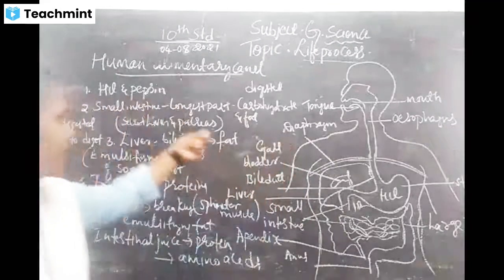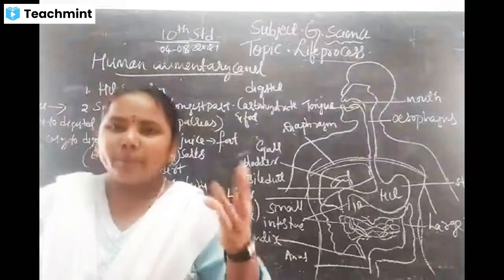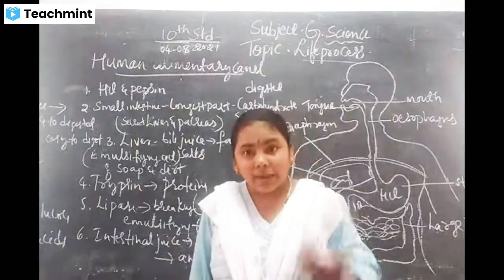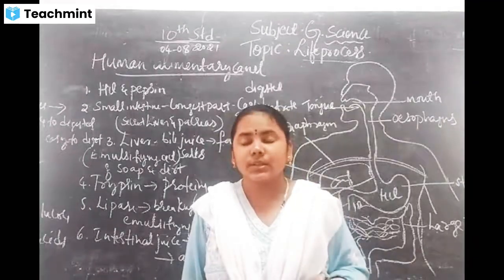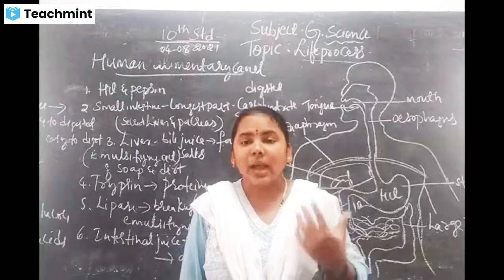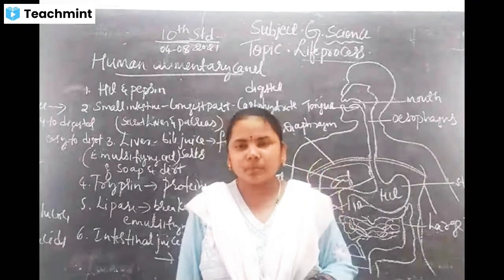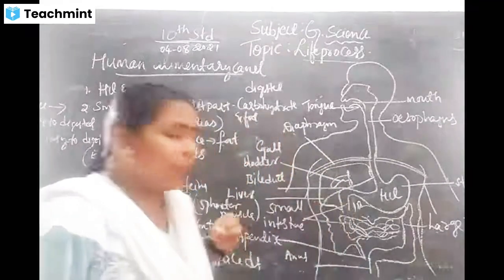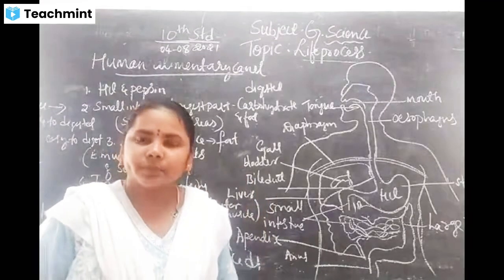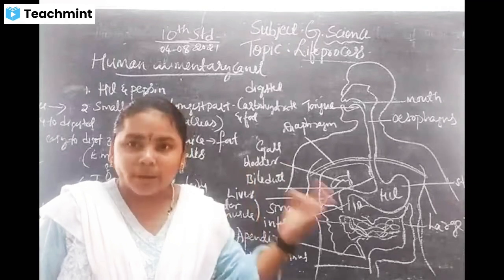And the enzymes and juices we have listed here, like HCl, pepsin, trypsin, lipase, bile juice, pancreatic juice and intestinal juice, all help make digestion very easy. Understand? Then what happens finally? The carbohydrate is converted into glucose, and fats are converted into fatty acids.